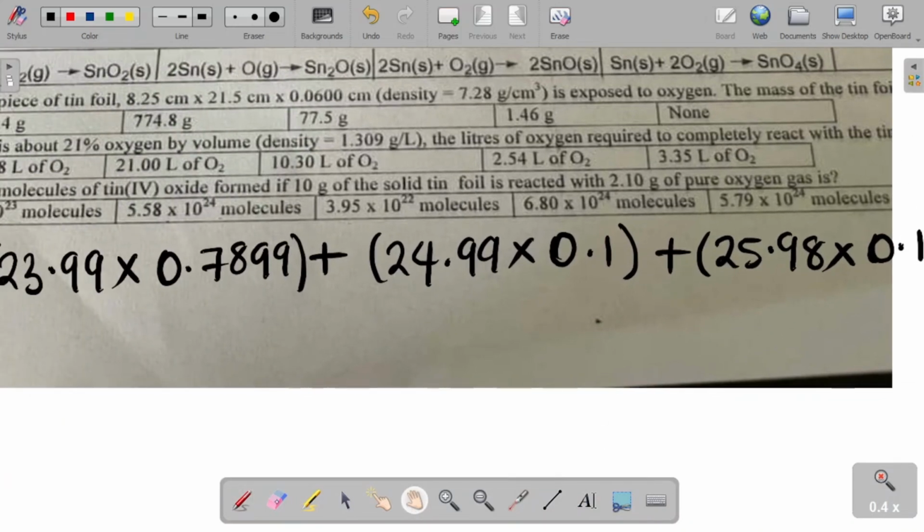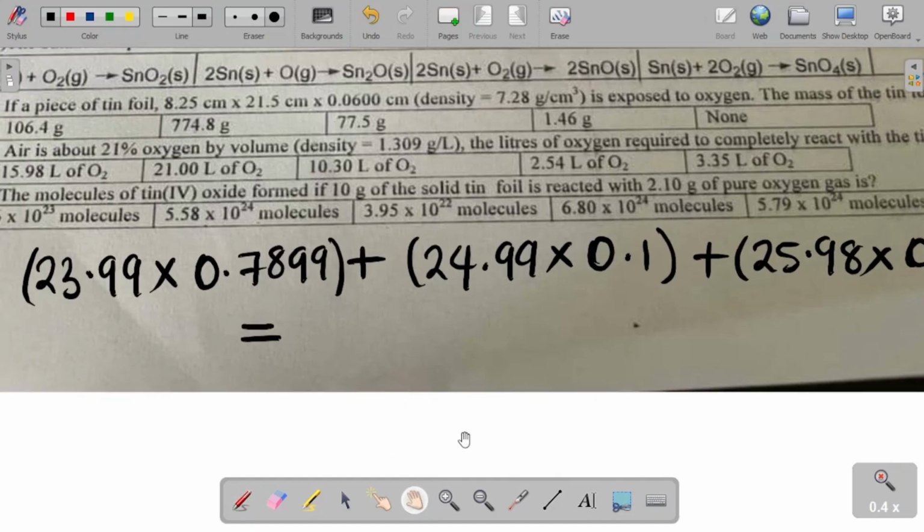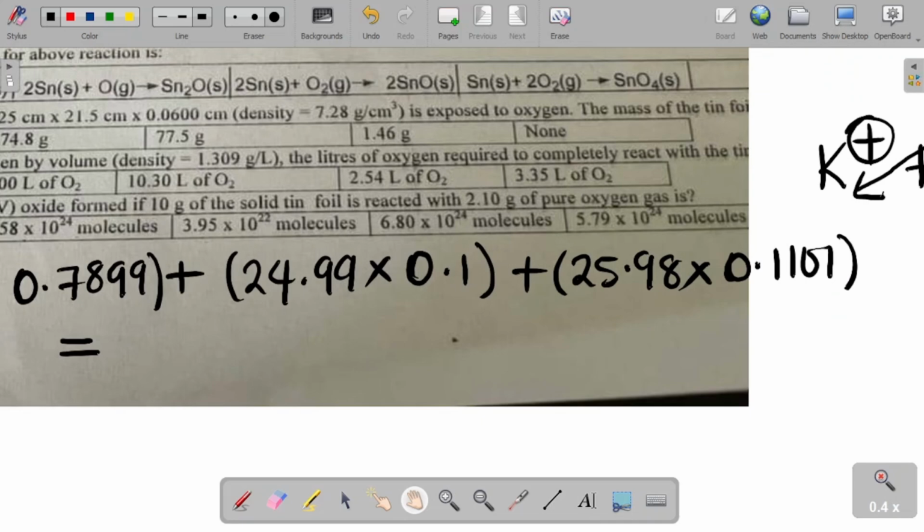All right, so this is now equal to, I'll just get my calculator and punch this. Give me some minutes. All right, punching this, I have the first bracket. I'll type in 23.99 times 0.7899 plus 24.99 times 0.1, then plus, open the last bracket, 25.98 times 0.1101.